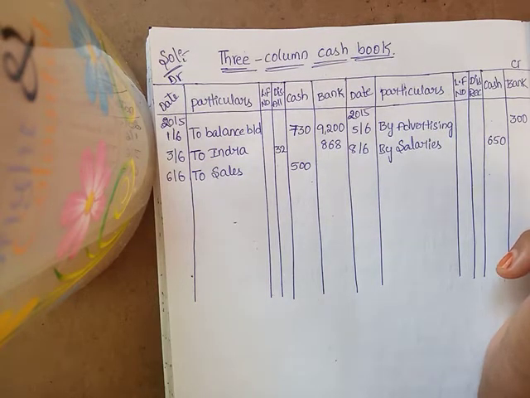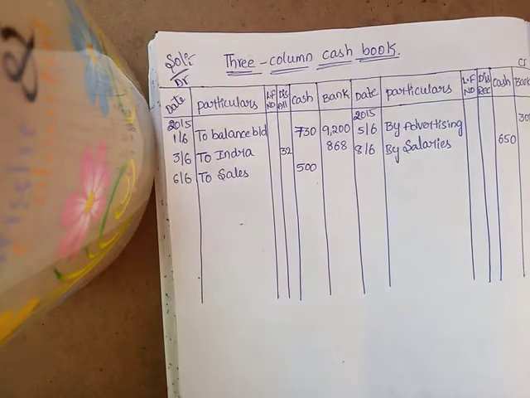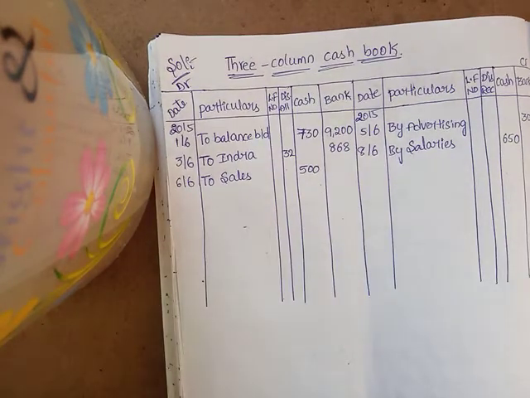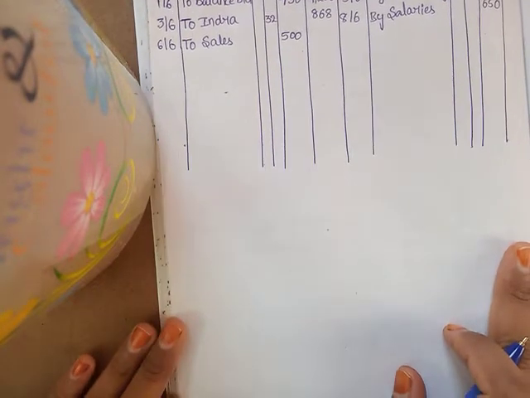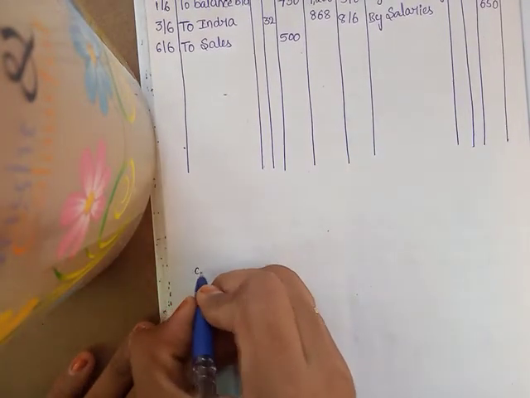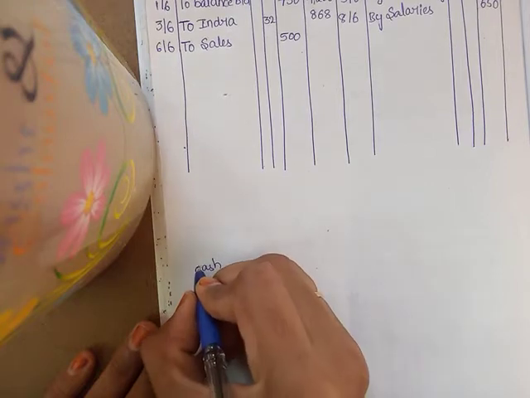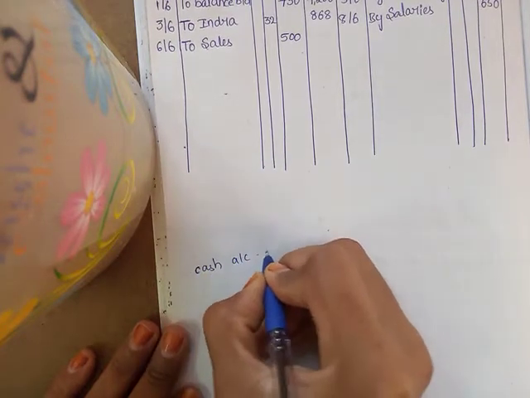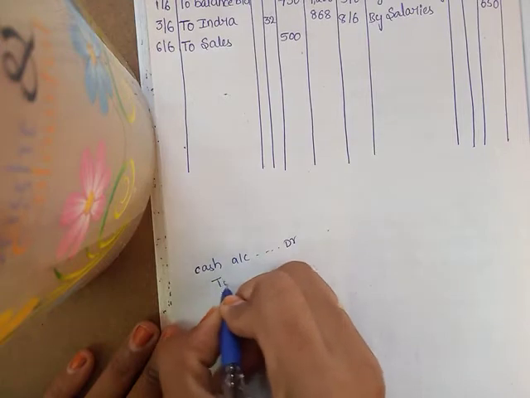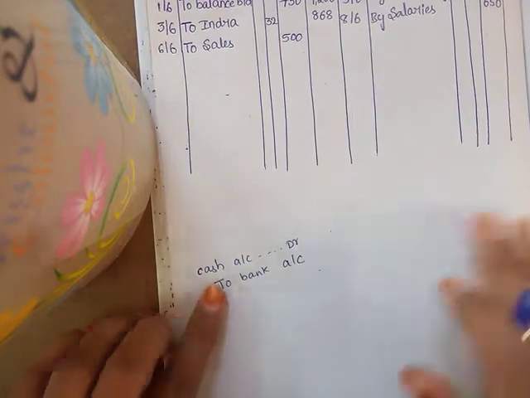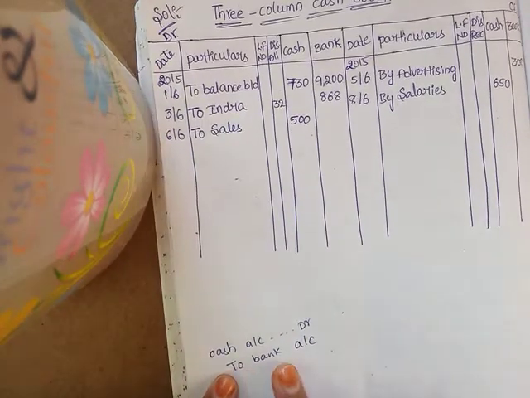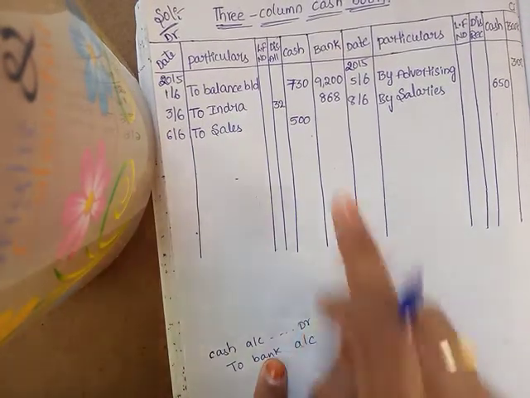Next is ninth, amount withdrawn from bank for office use. So withdrawn for office use, what is the entry? Cash account debit to bank account. So first it appears on the debit side, to bank, and we write the amount in the cash column.